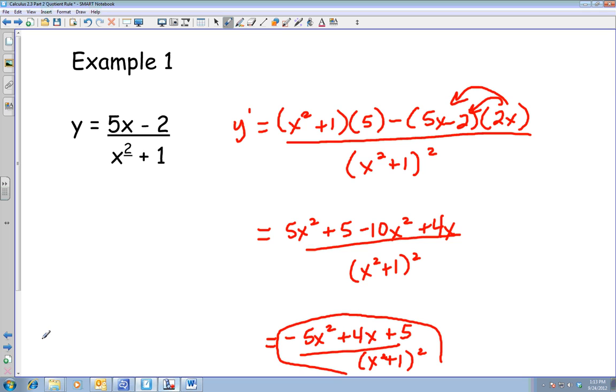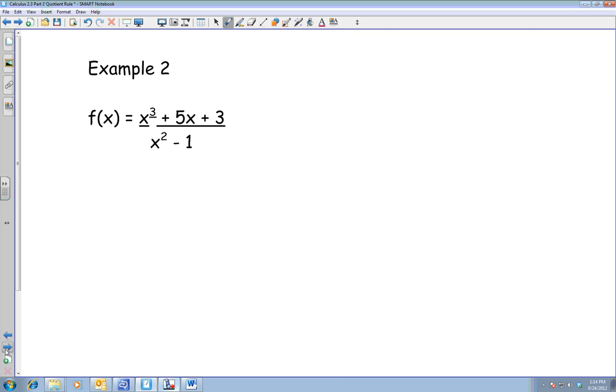Okay, let's do another one. Okay, example 2. Again, I know it's the quotient rule because I have two things being divided. Okay, I have two terms, a top term and a bottom term. I can't simplify it at all. So f prime of x, low d high. So my low term times the derivative of my high term.